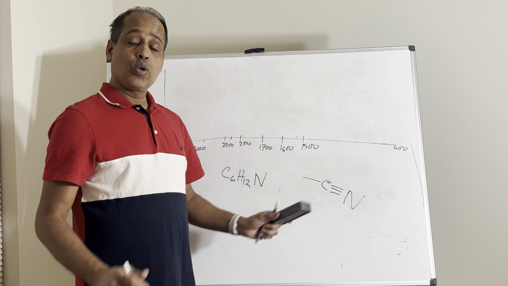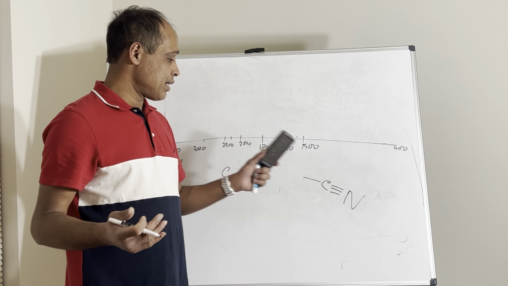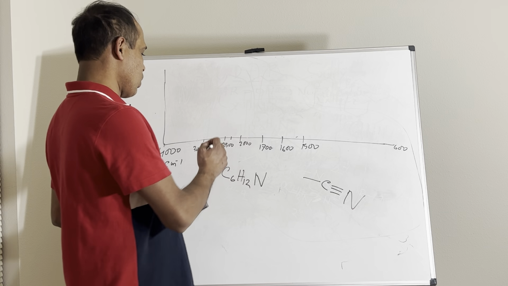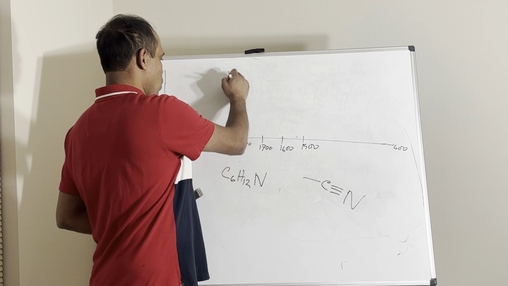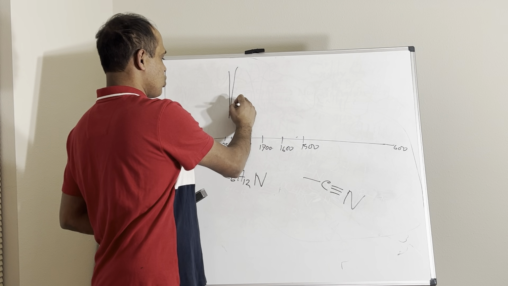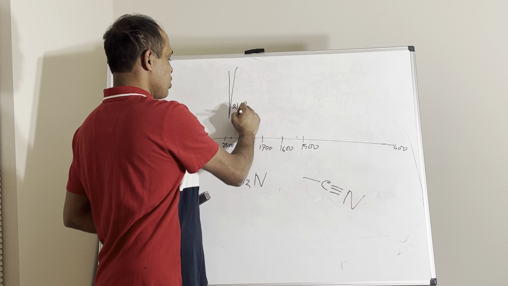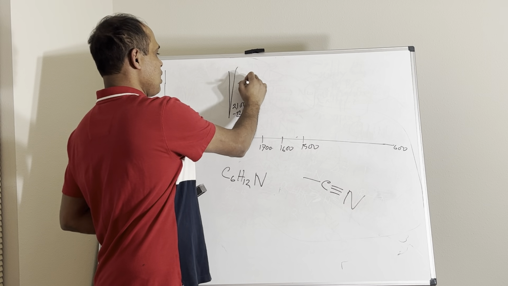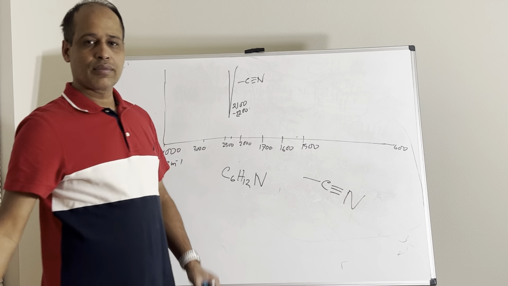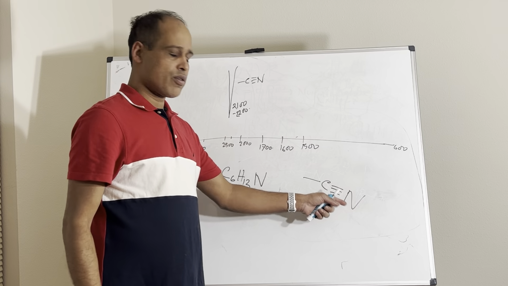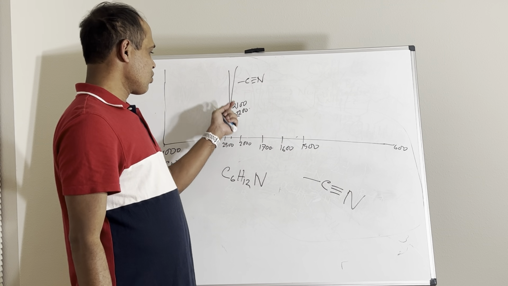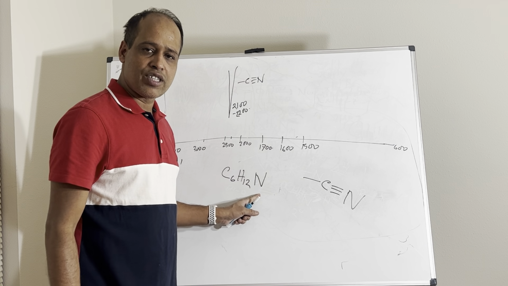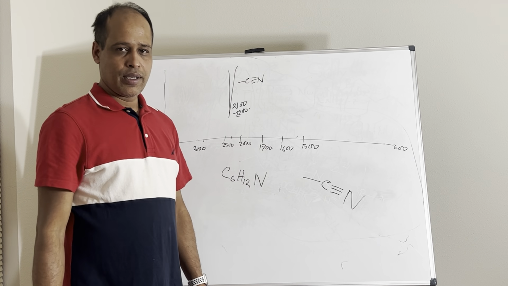To sort out or finalize whether your nitrogen is a tertiary amine or a nitrile, you can determine one thing. You'll see one band here at 2100 to 2200. That band is for the nitrile, the carbon-nitrogen triple bond. So if you see this band, in that case you cannot say this molecule is a tertiary amine. No, that will be a nitrile.